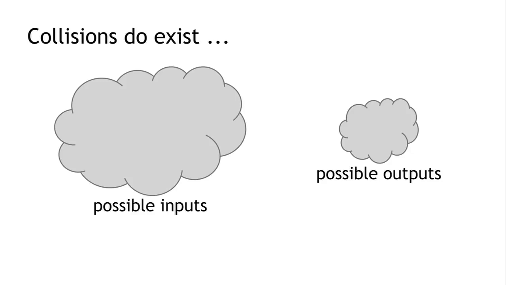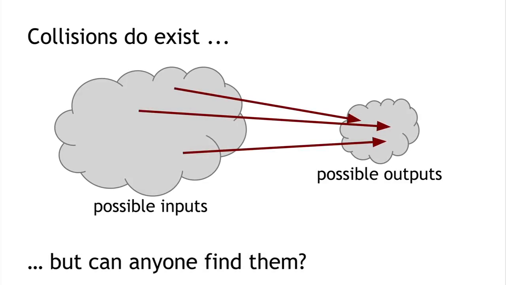On the right-hand side, the outputs, there are only 2^256 possibilities. Over here, there are more possibilities. So if every point on the left is going to be mapped by an arrow to some point on the right, you can see that as you go from all the points on the left into the right, it has to get crowded. And in fact, there have to be multiple values on the left that map to the same output on the right.